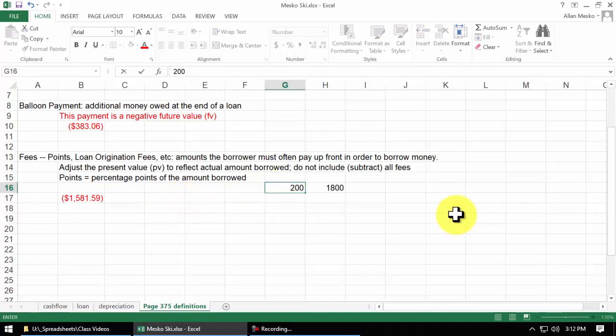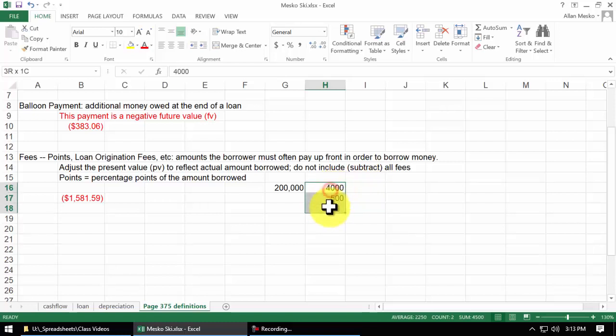So if you're borrowing $200,000, 1% would be $2,000, 2% would be $4,000, and then they're going to charge you an extra $500 just because we can, and we know you want this money, and we want to loan it to you, but we want to make some money too. So we are spending $4,500 that is not going toward the house. It is going toward those fees.